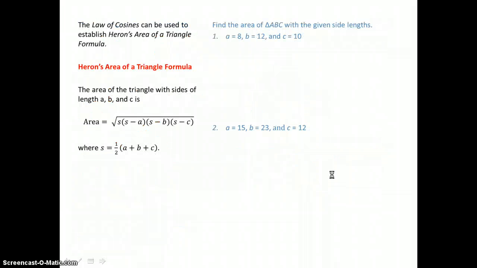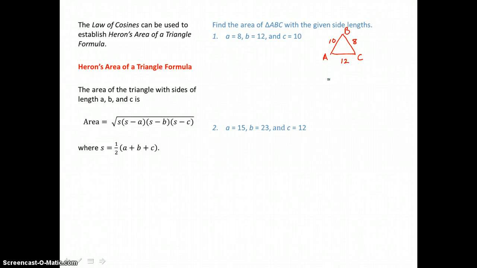Okay, here we're going to use Heron's area of a triangle formula to find the area of a couple triangles when the only parts known are all three sides. The law of cosines can be used to establish Heron's area of a triangle formula. So let's just look at this triangle ABC. Side A measures 8, side B measures 12, and side C measures 10.